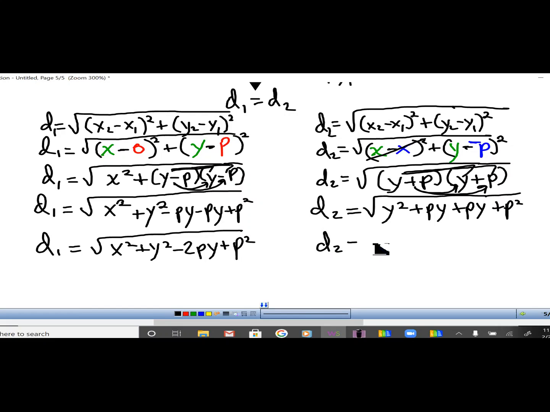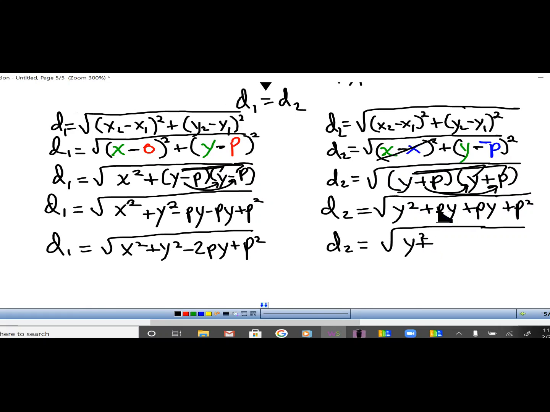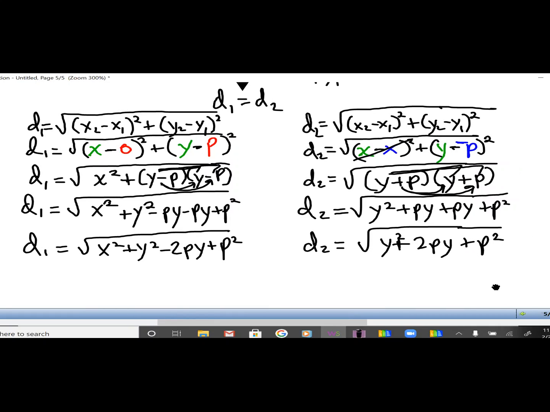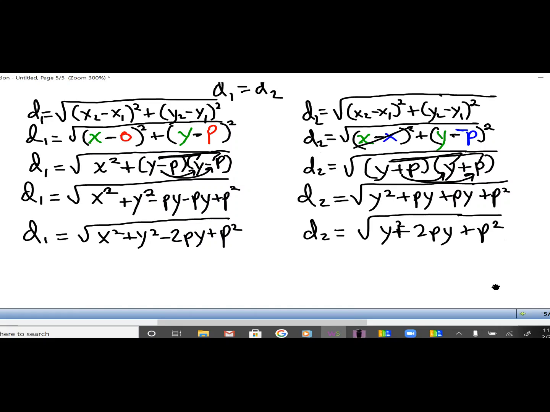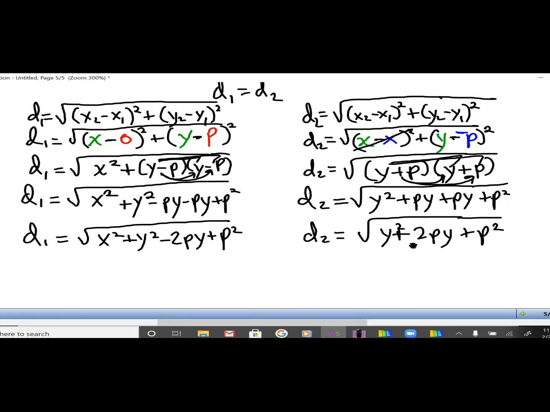So distance 2 is the square root of y squared plus 2py, py plus py, and then plus p squared. Make sure you copy that, please.